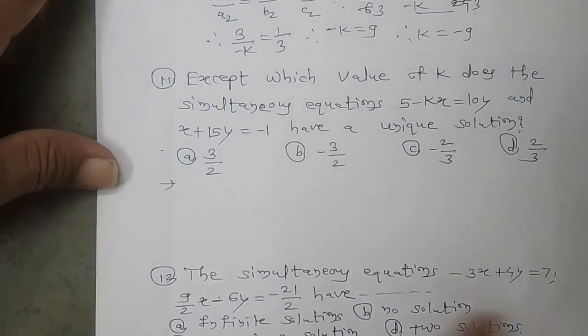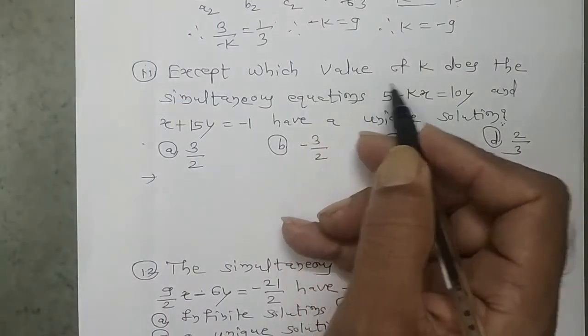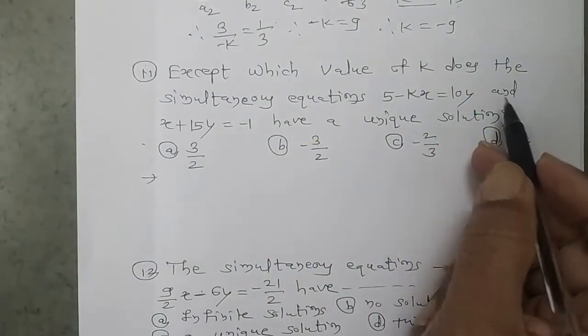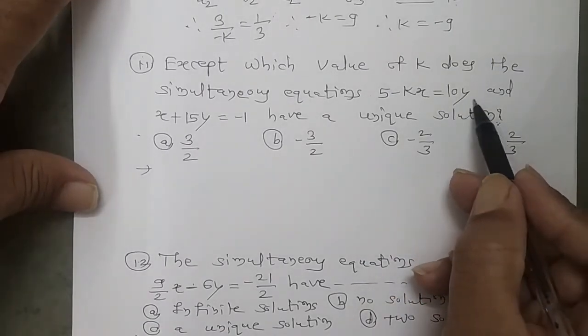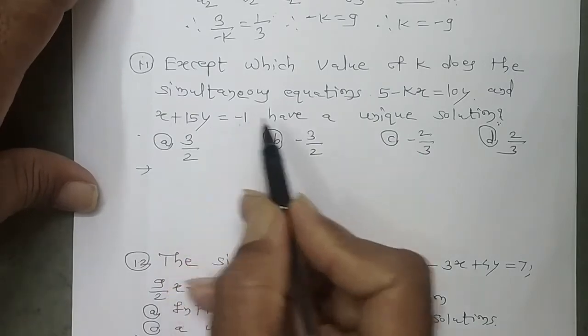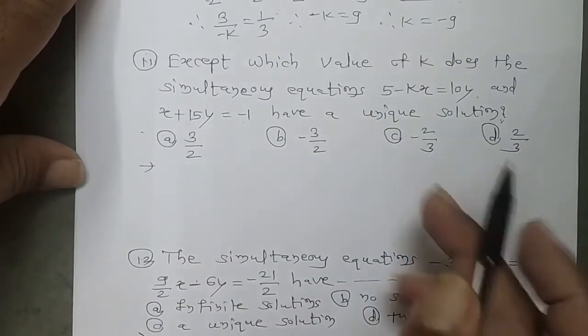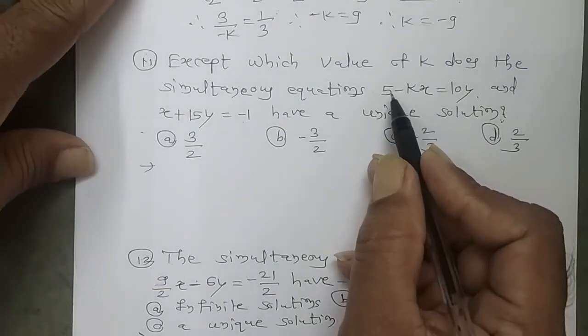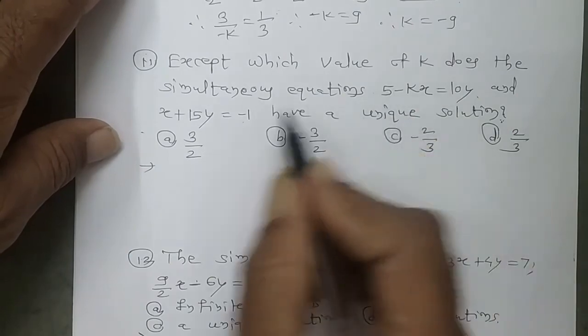Number 11. For which value of k does the simultaneous equations 5 minus kx is equal to 10y and x plus 15y is equal to minus 1 have no unique solution? Now we know the condition of unique solution is a1 upon a2.